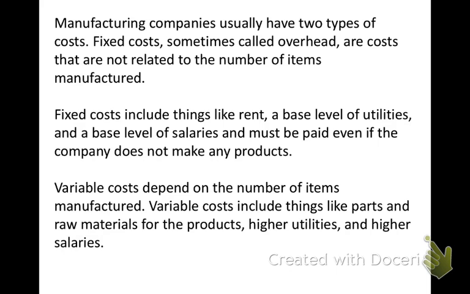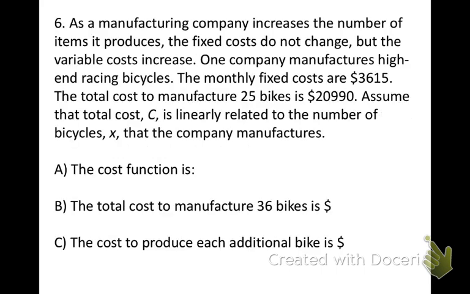So this is going to include things like parts and raw materials for the products, higher utilities or higher salaries as products are manufactured. So, keeping that in mind, as we look at number 6, it says that a manufacturing company increases the number of items it produces. The fixed costs do not change, but the variable costs increase.